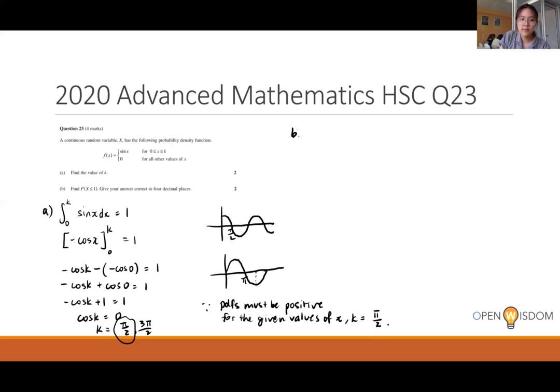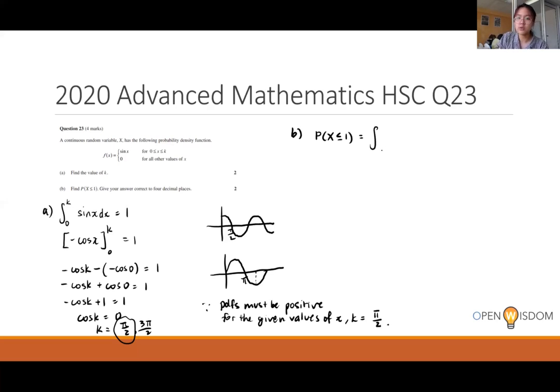Now part B asks us to find the probability that x is less than or equal to 1, and they want us to give our answer correct to 4 decimal places. So remember, to find the probability, this is essentially just the integral of the PDF. Because this is the probability of x less than or equal to 1, this would translate to an integral from 0 to 1, because the smallest value that sine x is a valid PDF for is 0.